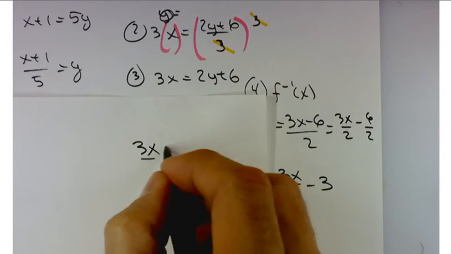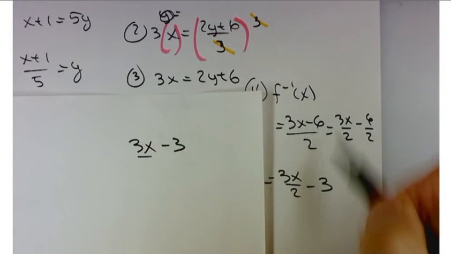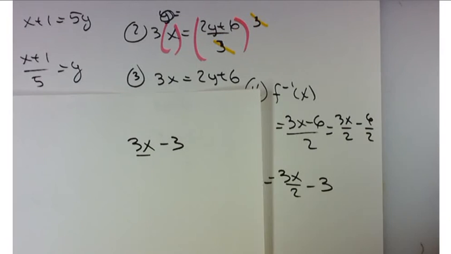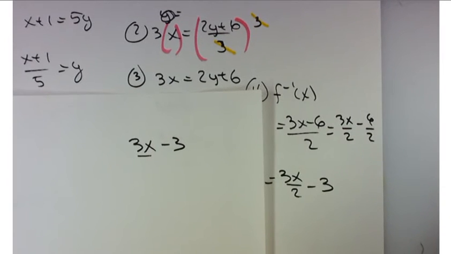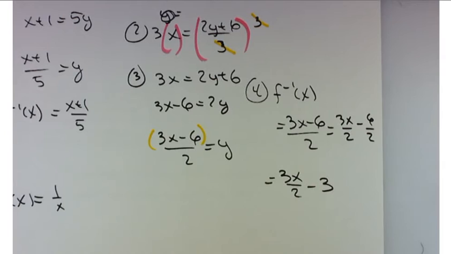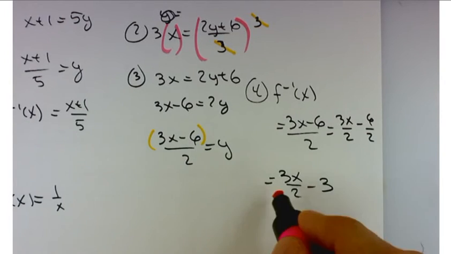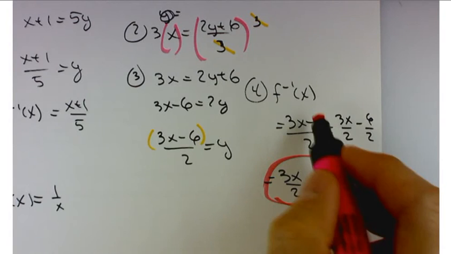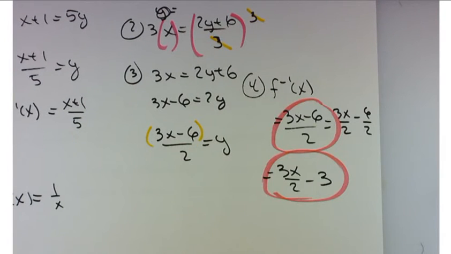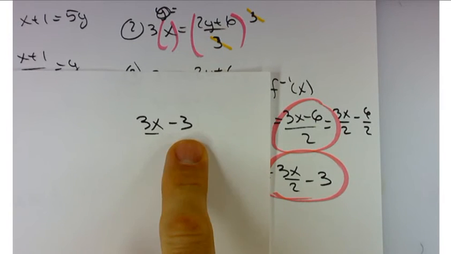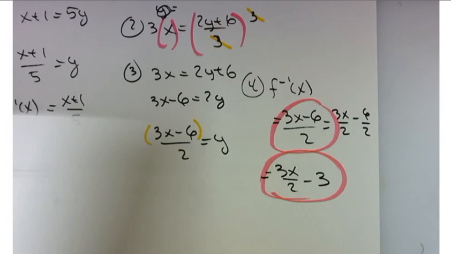So they just canceled the 2 and got rid of it altogether. So that's what you can't do. One of two possibilities is fine for me. That's fine, and that's fine. Both of them are fine. The only thing that you're going to lose a point on is if you write 3x minus 3, if you cancel it and get rid of it altogether. Okay? Appreciate the question.